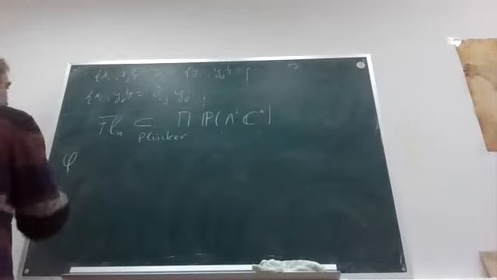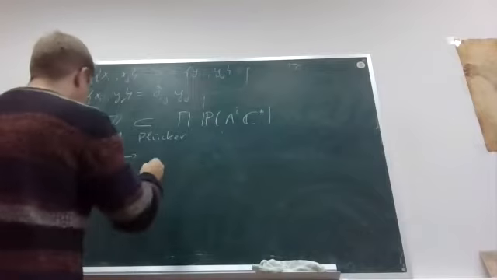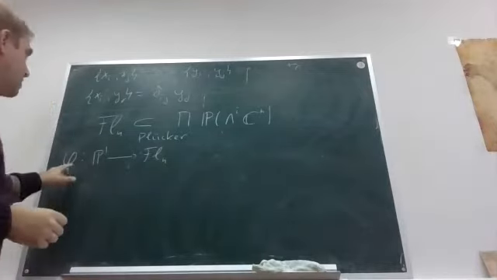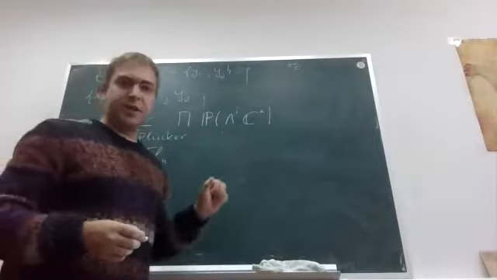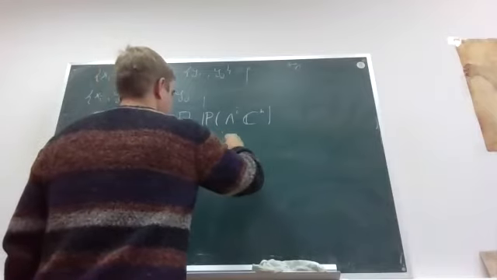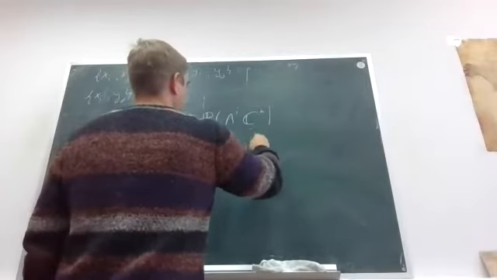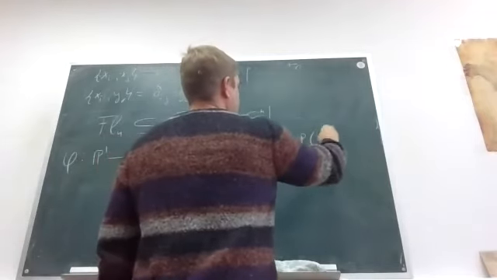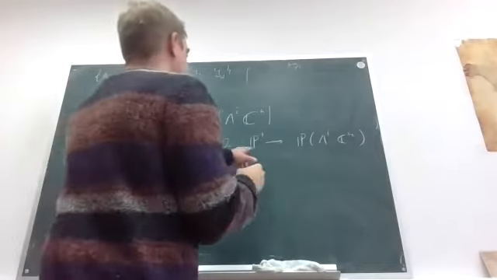So given a map from P1 to the flag variety, you get a collection of maps from P1 to the projective spaces. And what is this?